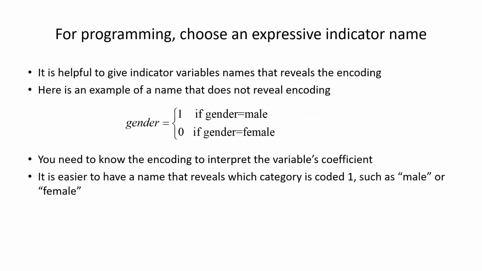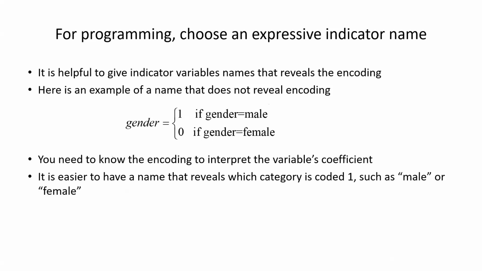Okay, one practical tip for naming variables. When you have a variable like gender, it seems totally normal to call it gender and define it as 1 when gender equals male and 0 when gender equals female, or the reverse, doesn't matter.